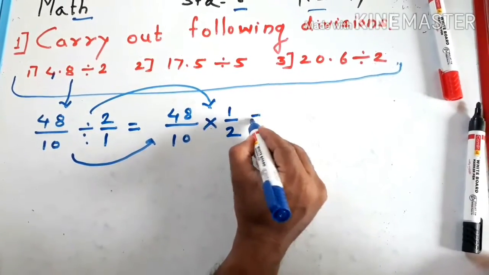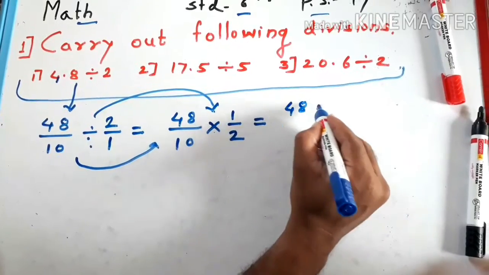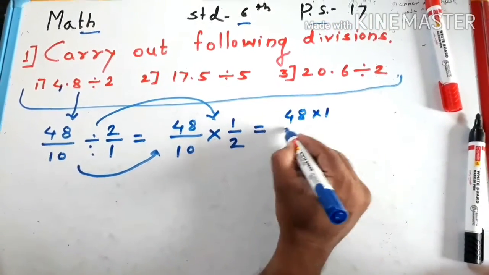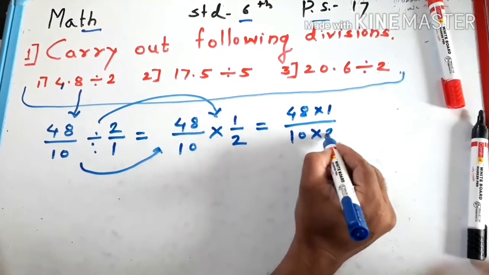So again here, 48 into 1 divided by 10 into 2.